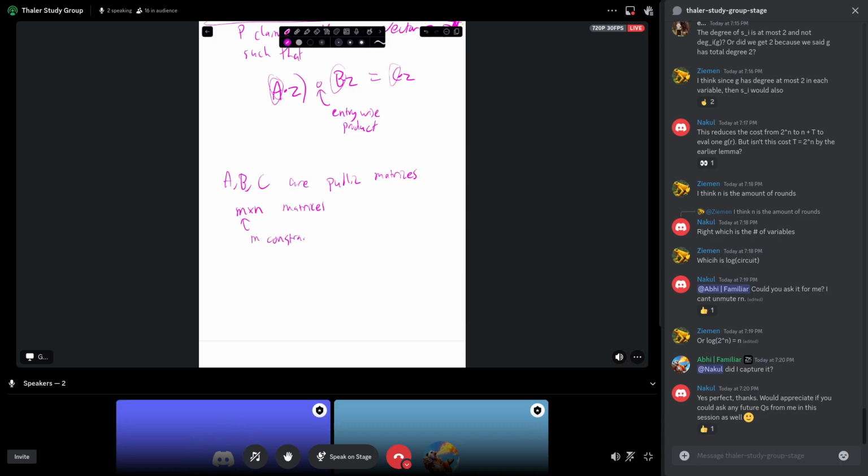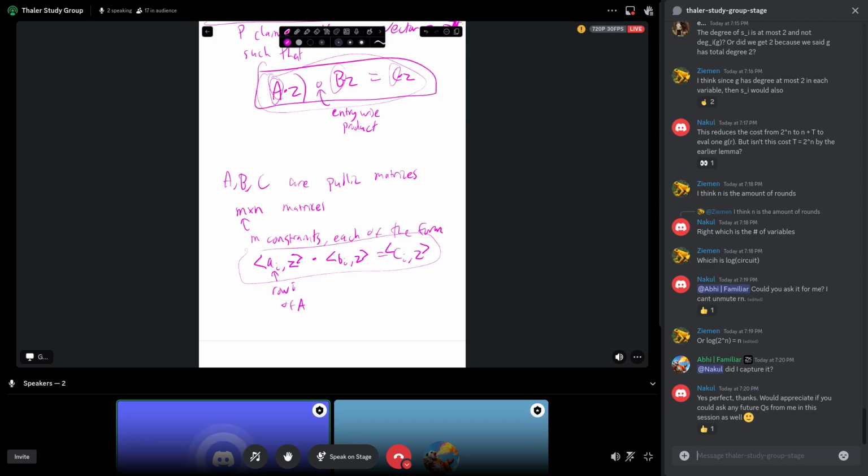So M constraints, each of the form, just taking away the matrix notation, looking at one rank one constraint, if this is row i of A, this would be A_i inner product Z times B_i inner product Z equals C_i inner product Z, right? So this is just the matrix notation of this. So we have M constraints, each of this form. Okay, that's the setup.